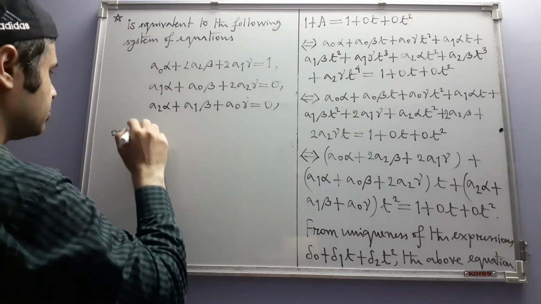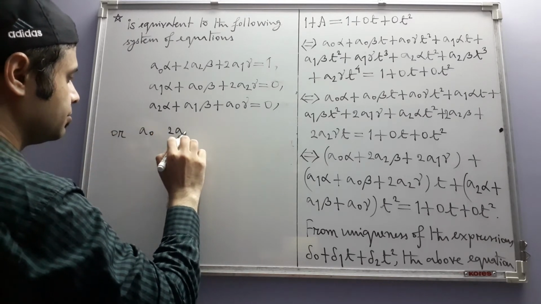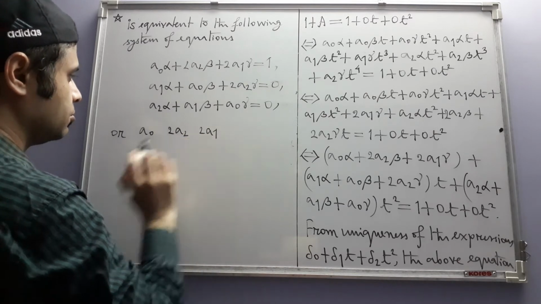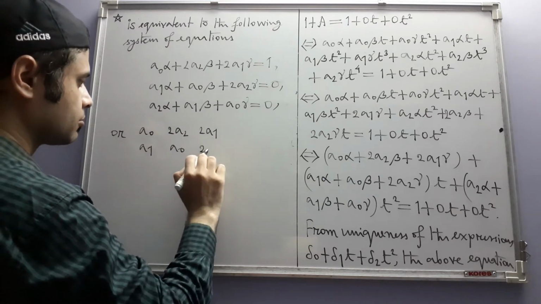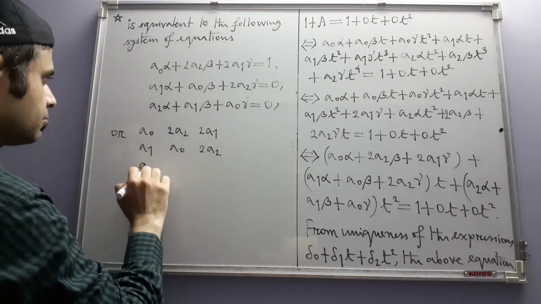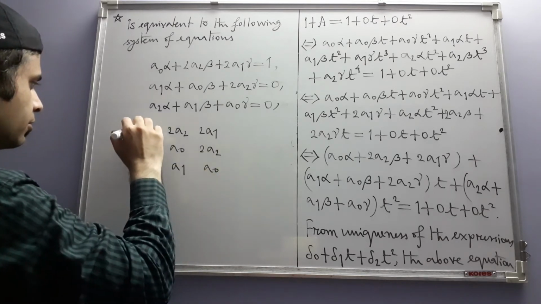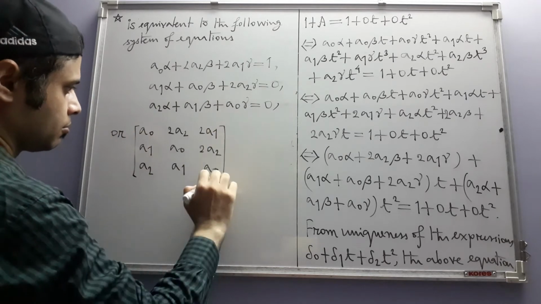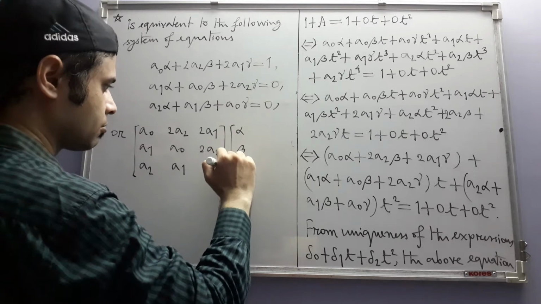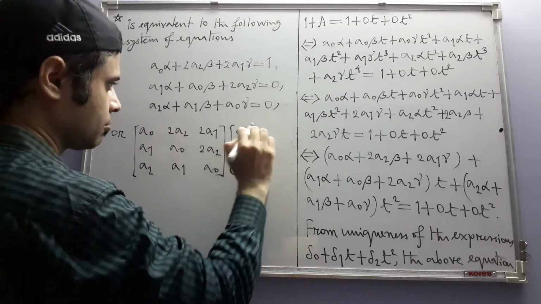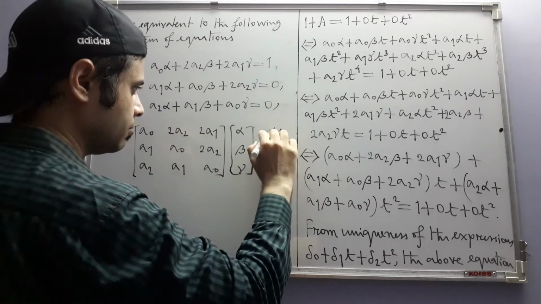In the matrix form, the matrix with rows (A0, 2A2, 2A1), (A1, A0, 2A2), (A2, A1, A0), multiplied by alpha, beta, gamma, is equal to 1 0 0.